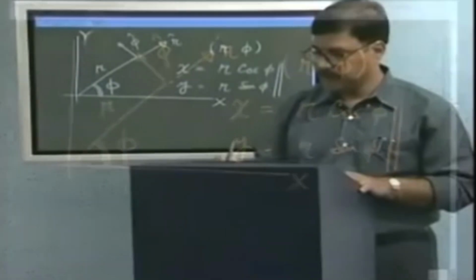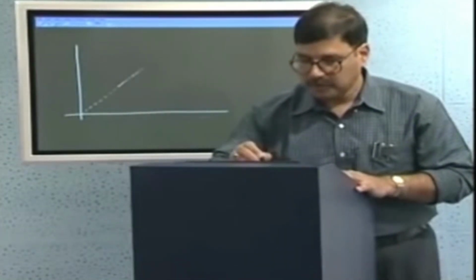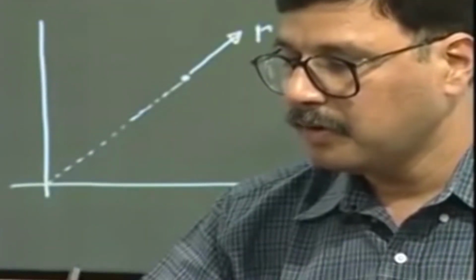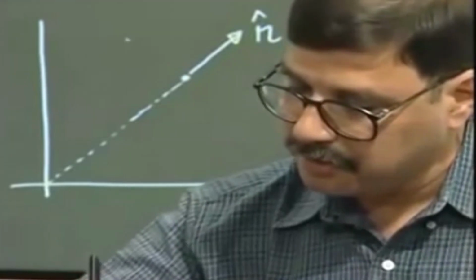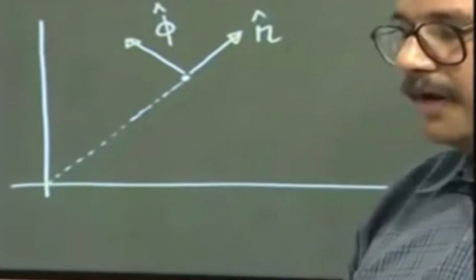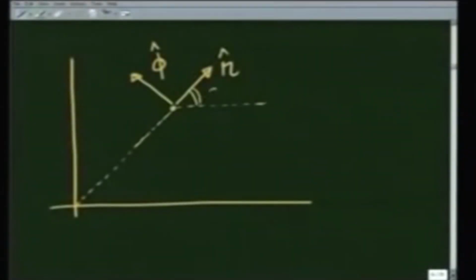To make it more clear, let me redraw it and show you these vectors more clearly. So, for a particle here, I have the unit vector r and unit vector phi. This angle is phi, and so is this.